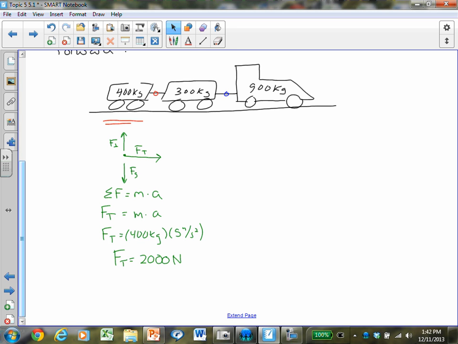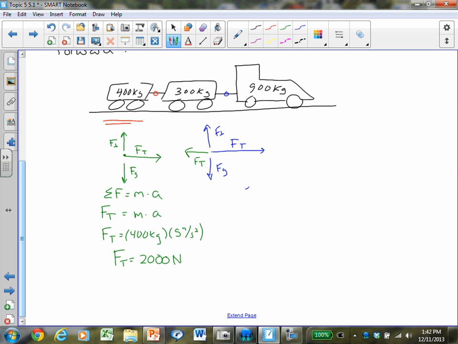Now, in the next car here, what's the tension in the coupling there? Well, you're going to have a larger tension because it's got more mass behind it, first off. But not only do you have that blue tension, you also have the green tension pulling it back. And you have F perpendicular and Fg as well. And again, the sum of the forces equals mass times acceleration.